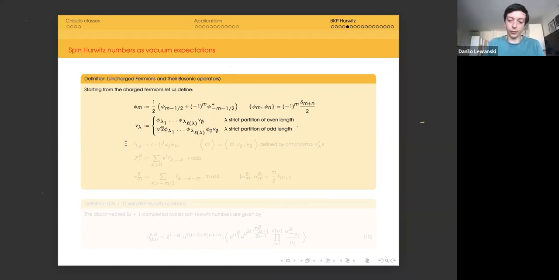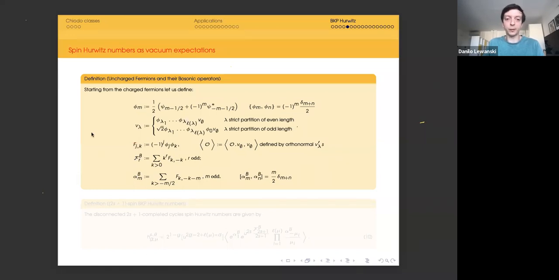Basically, the picture goes through in the same way. Now you define, as before you had the E_JK, now you have the F_JK, and you define them very similarly. In this case, you don't need the normal ordering, it's already okay as it is, and you define the vacuum expectation just as before, and you have very similar definitions of the operators F and the operators alpha.